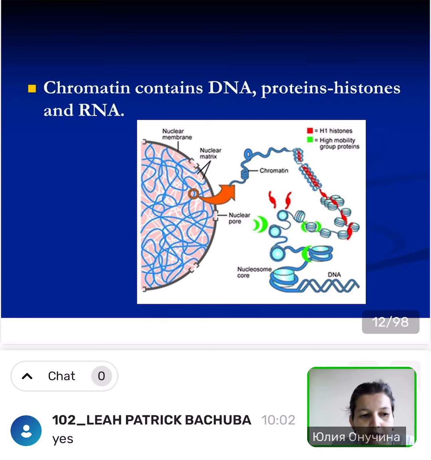Chromatin consists of DNA and proteins, histone proteins and non-histone proteins. There is also RNA that regulates levels of compaction during the life cycle of the cell.